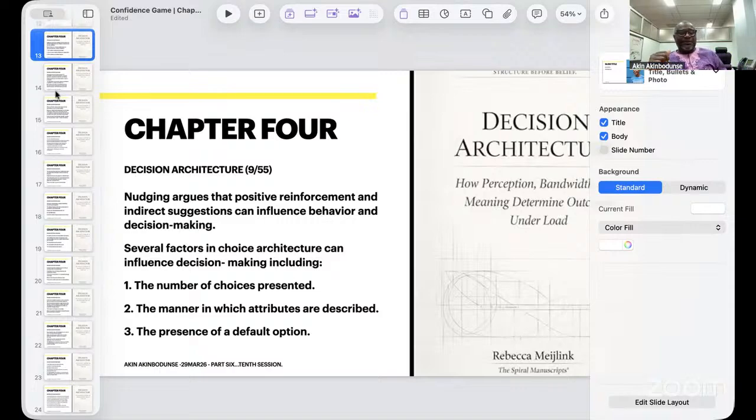All right, number two here is the manner in which the attributes are described. The way in which the different characteristics of each option are described can influence our decisions. Something that is good could be described in a way that makes it not presentable or attractive.